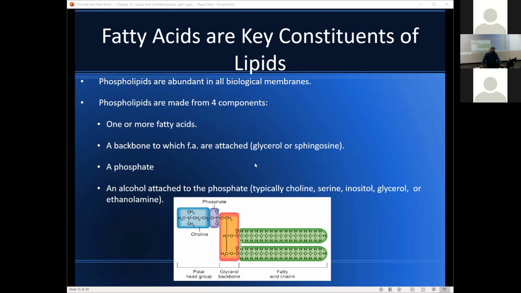So it's going to be glycerol in phospholipids, sphingosine in glycolipids, also a phosphate group here in purple, and an alcohol attached to the phosphate. Typically, the alcohol is choline, serine, inositol, glycerol, or ethanolamine.